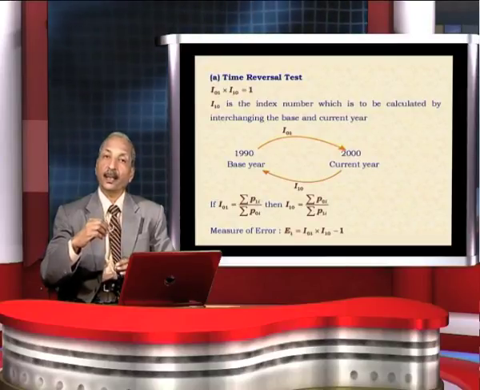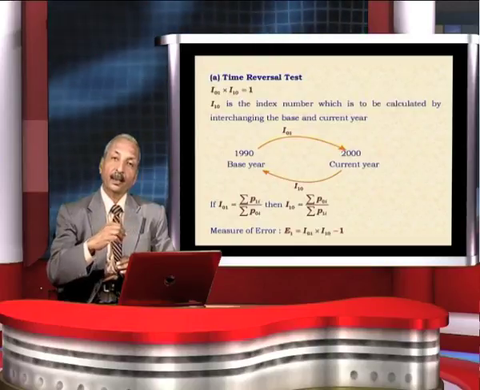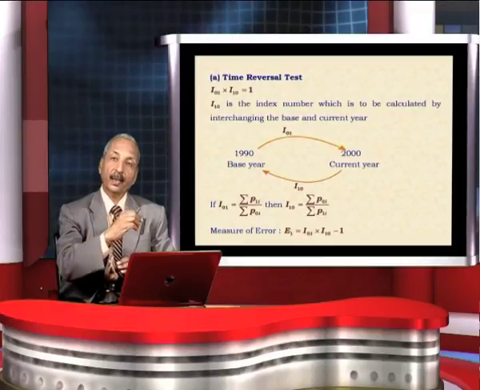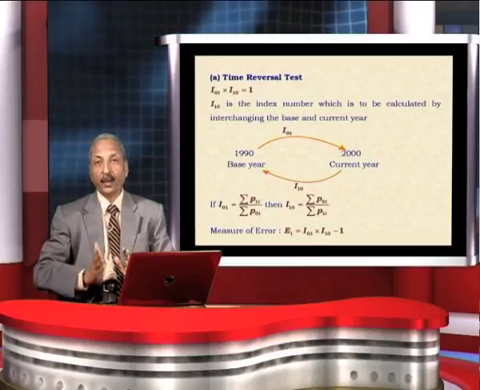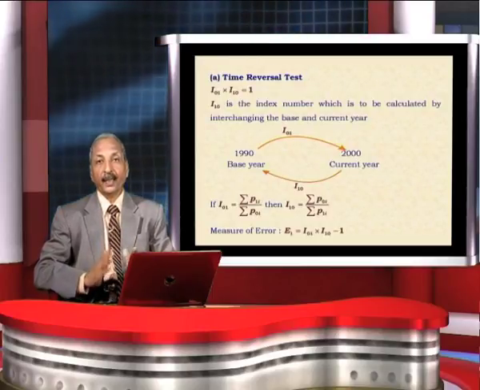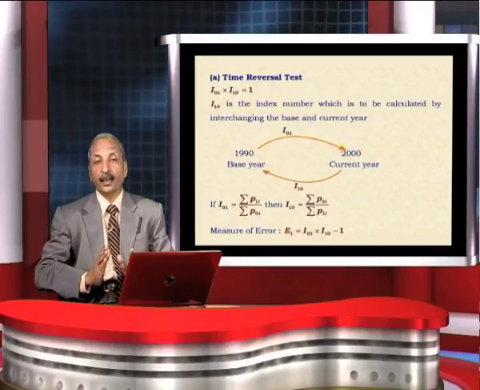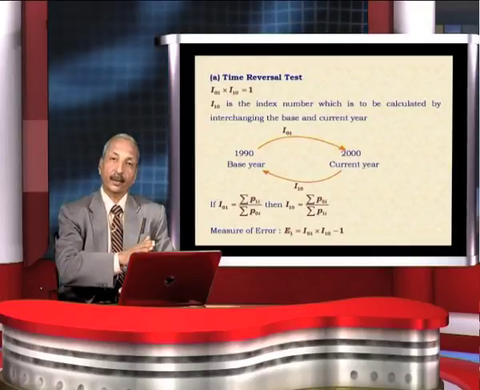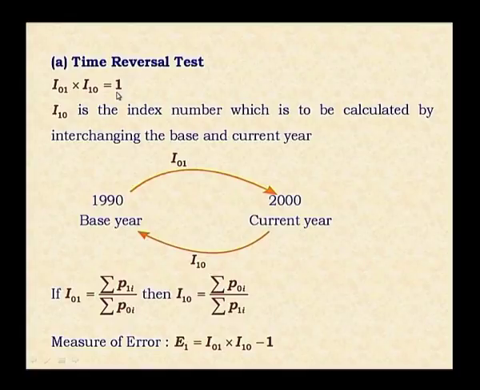If my current year is 2000 and the base year is 90, then 1 denotes the year 2000 and 0 denotes the year 1990. So, when I take I10, it means now I have interchanged the base and the current year. That is, now 1990 is taken as the current year and the base year is taken as 2000. So, the product of that must be equal to 1. That is what the time reversal test says.